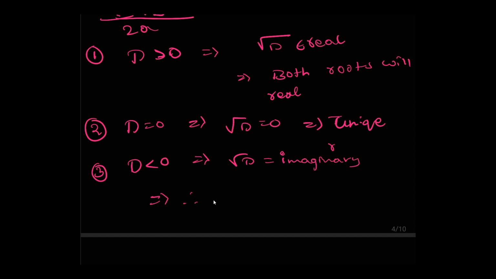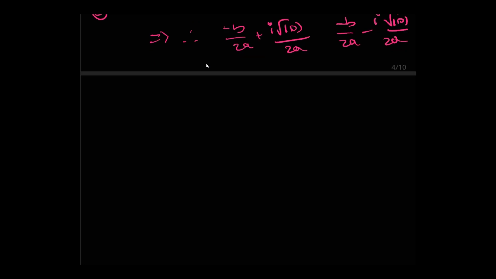Therefore, we get the roots as minus b by 2a plus i root mod D by 2a, and another root as minus b by 2a minus i root mod D by 2a. If we observe them, we get to know that both roots are conjugate to each other.